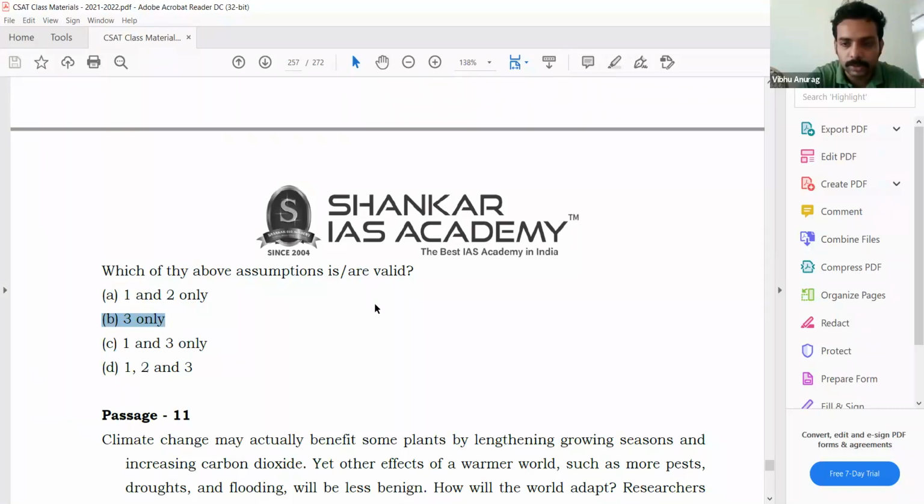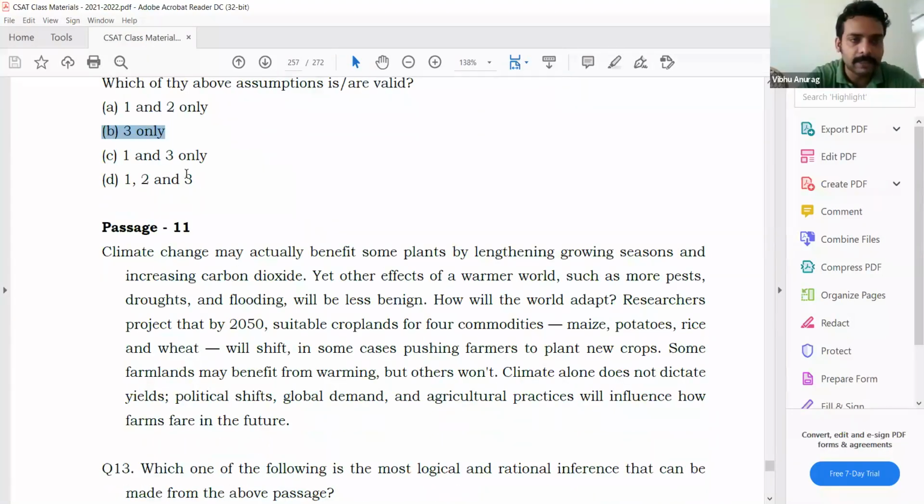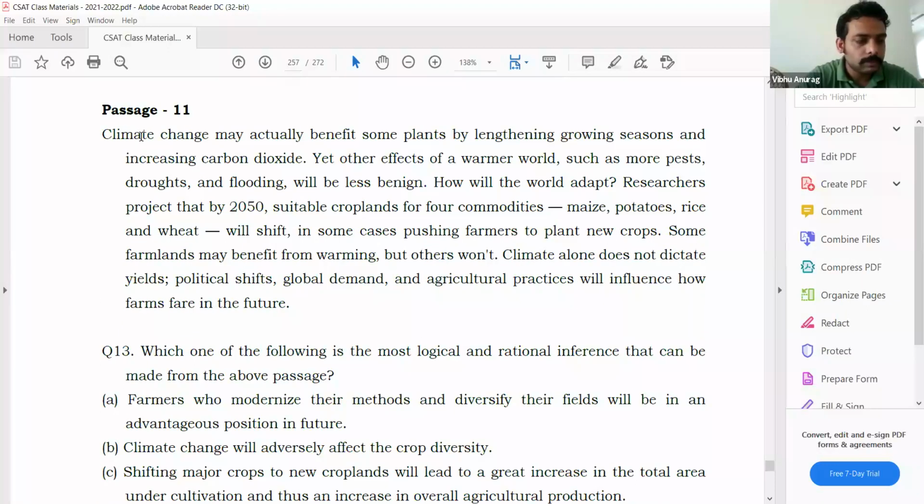No doubts? Okay, then passage 11. Climate change may actually benefit some plants by lengthening growing seasons and increasing carbon dioxide. Yet other effects of a warmer world, such as more pests, droughts, and flooding, will be less benign. Benign means harmless.